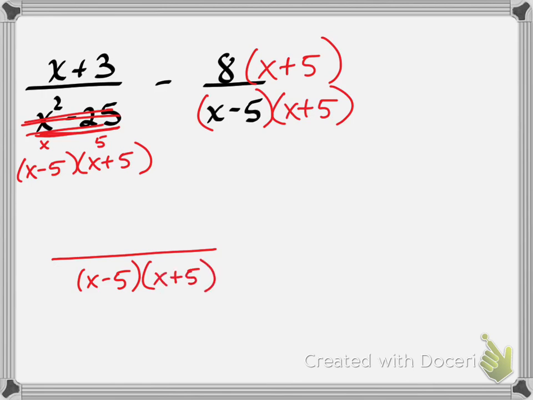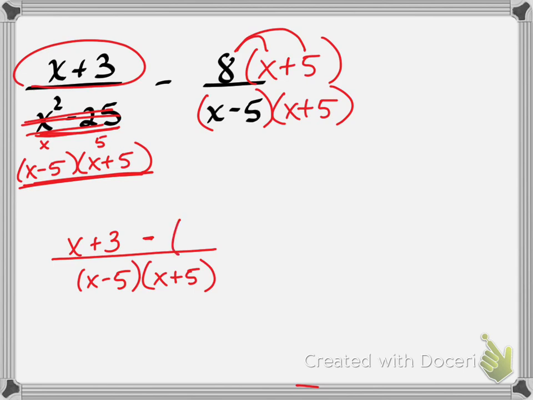Now, this denominator already has both. I don't have to multiply by anything. So this is just going to stay x plus 3. And then we have the minus. And this one we're going to distribute. So I'm going to put it in parentheses because of that minus there.